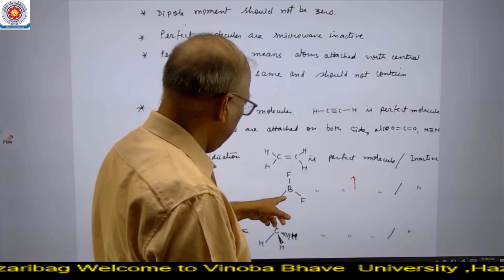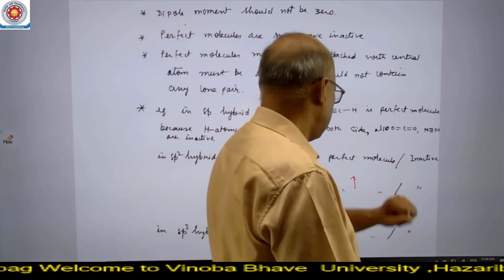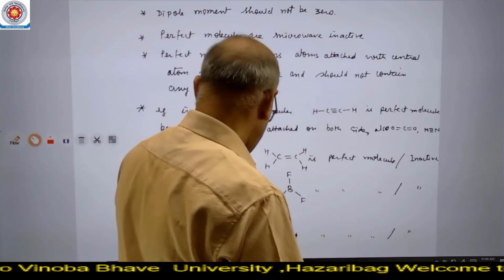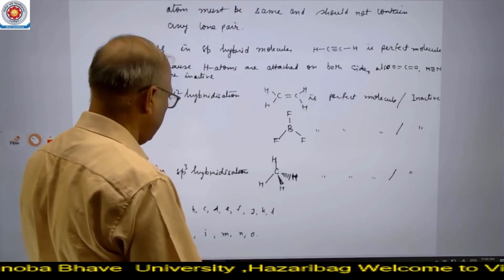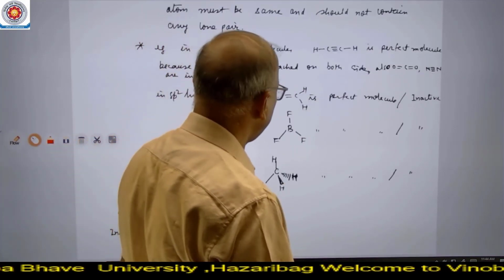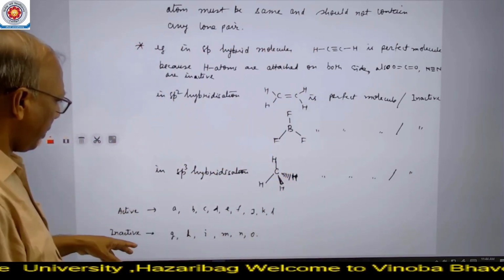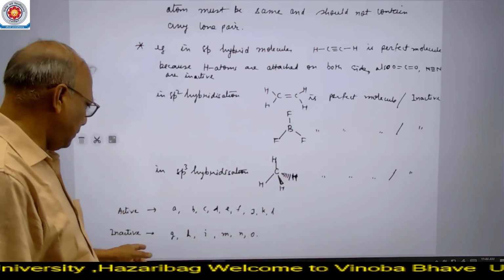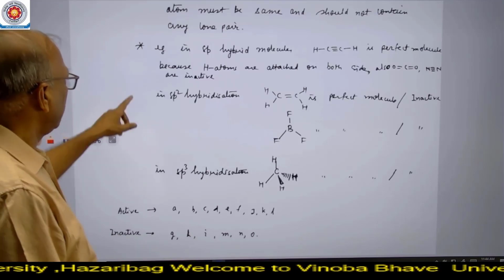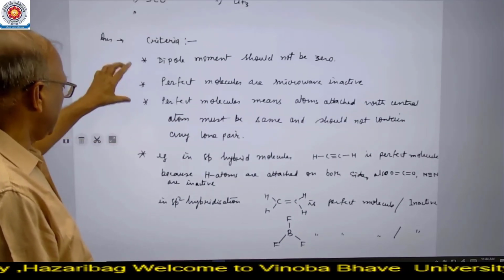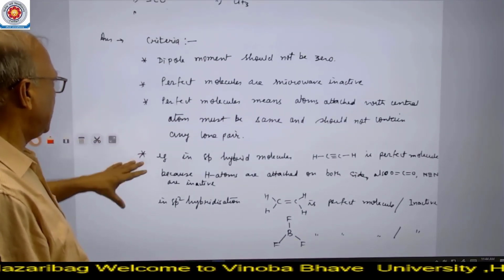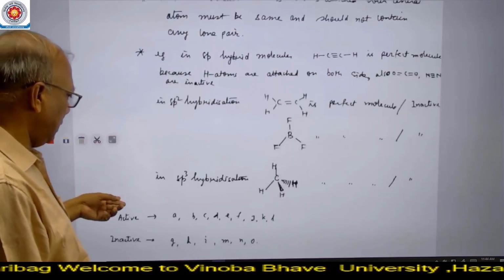The BF3 molecule is a perfect molecule and is inactive. In sp3 hybridization, the methane molecule is a perfect molecule and this is also inactive. Here the answer is given, which one is active and which one is inactive, and these are the facts on which we decide which molecule will be active.